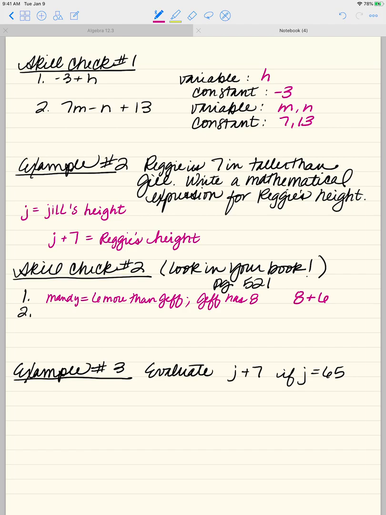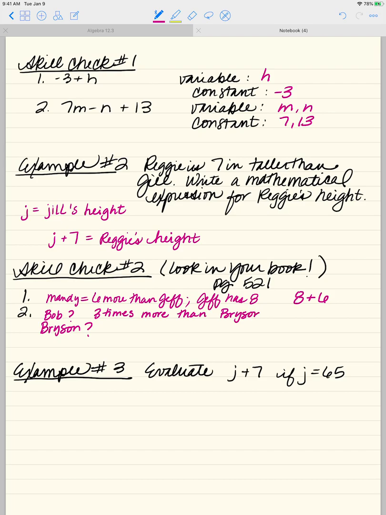Number 2 says Bob has 3 times as many stamps as Bryson in his collection. Now, we don't know how many stamps Bob has. We also don't know how many stamps Bryson has, but we do know that Bob has 3 times more than Bryson.